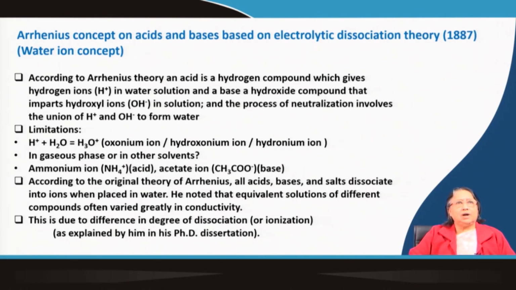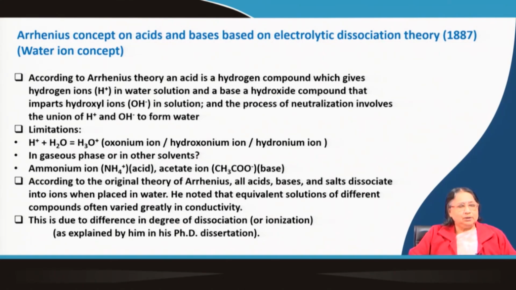This is also called the water ion concept, and it was first given by Arrhenius in his PhD dissertation, and he explained it as the electrolytic dissociation theory in 1887. But this theory has several limitations.